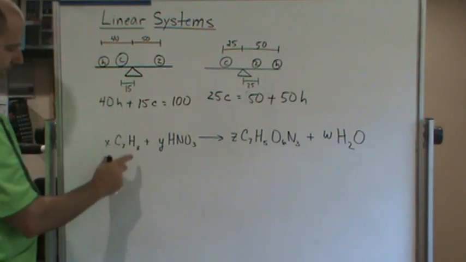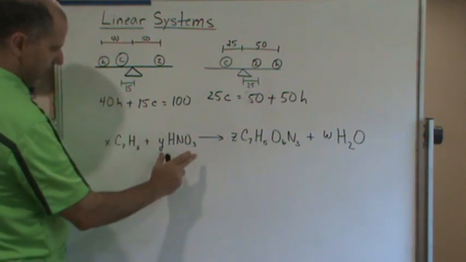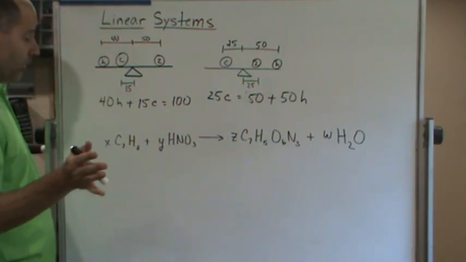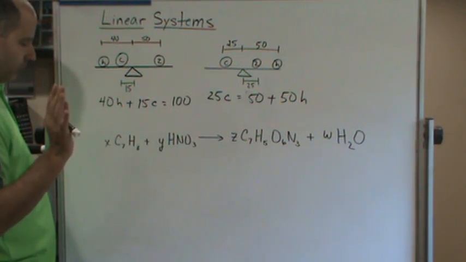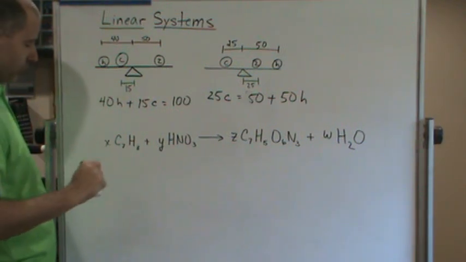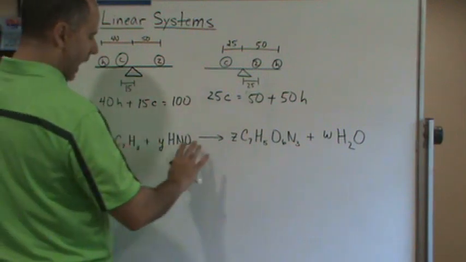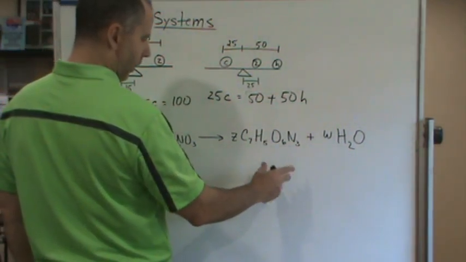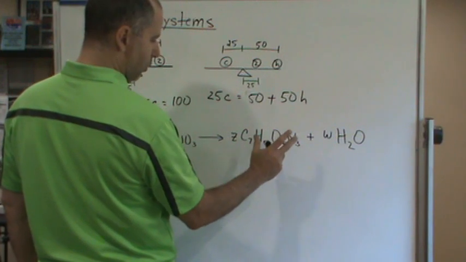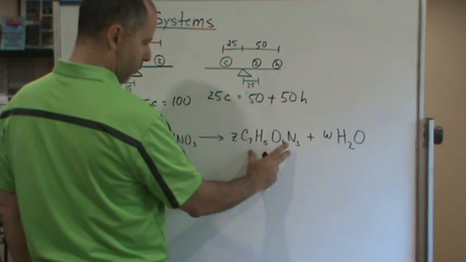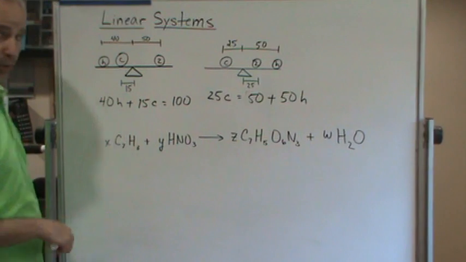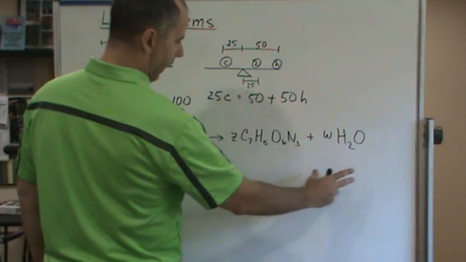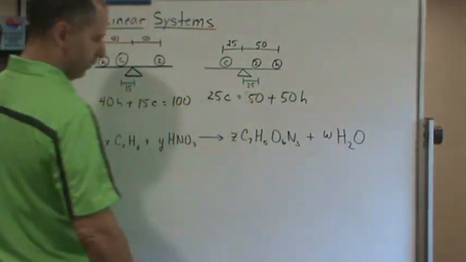If we mix them under a controlled environment, we can get two other products: trinitrotoluene, otherwise known as TNT, and one of the byproducts is water.